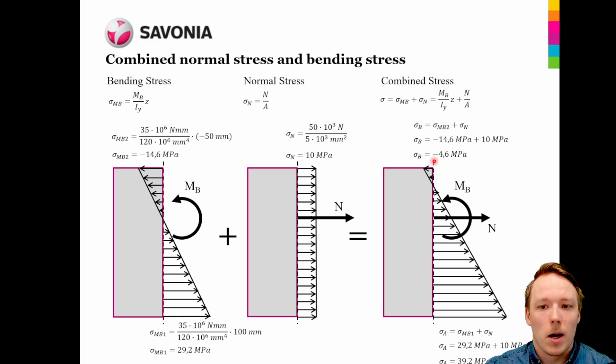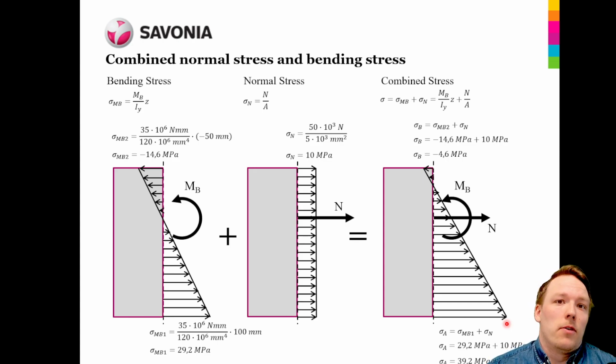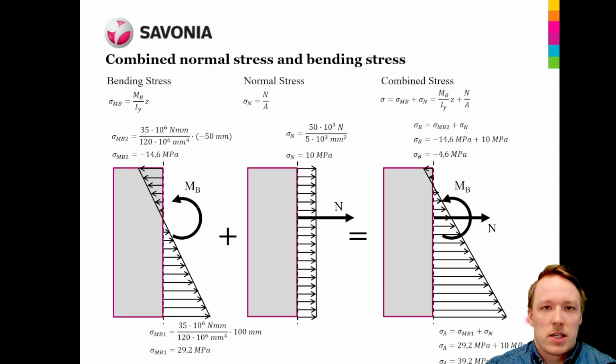And now finally we can simply draw the stress diagram over this profile, and it will be linear, just like with the pure bending, but it will be shifted in the direction of the normal stress. So that's how you calculate the compound effect of normal stress and bending stress on a structure.